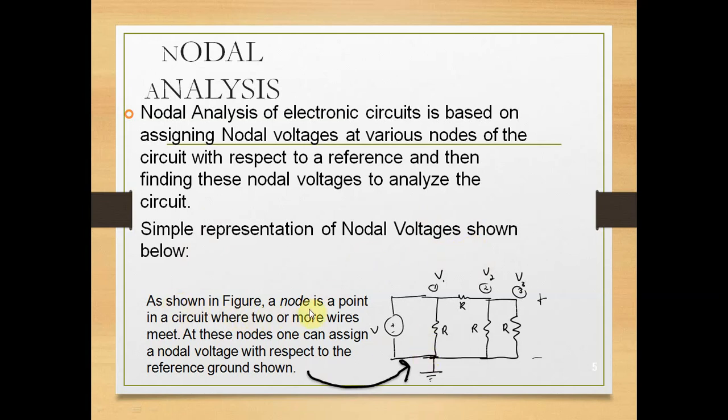As shown in the figure, a node is a point in the circuit where two or more wires meet, and at these nodes one can assign the nodal voltage with respect to the reference, the ground. From this circuitry, the voltage V is applied across R and R, so the voltage drop should be the same if the resistance value is the same, and the node voltages at nodes 1, 2 and 3 are V1, V2 and V3 respectively.